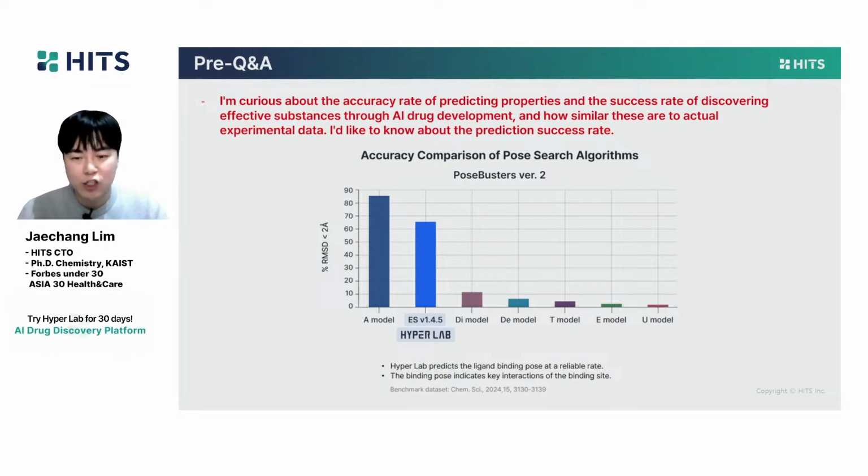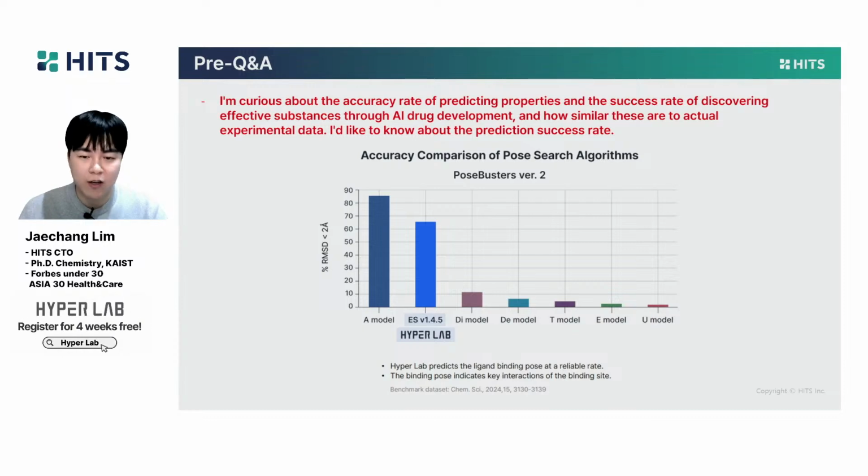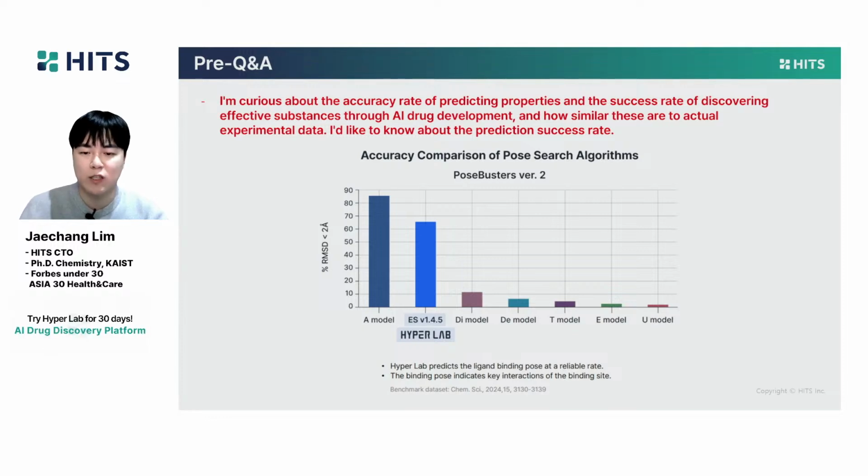Then what I showed earlier was the result for non-covalent bonds, and we can also apply similar models to covalent inhibitors. And there aren't many other models for this.